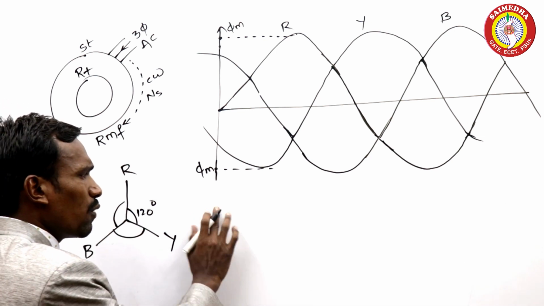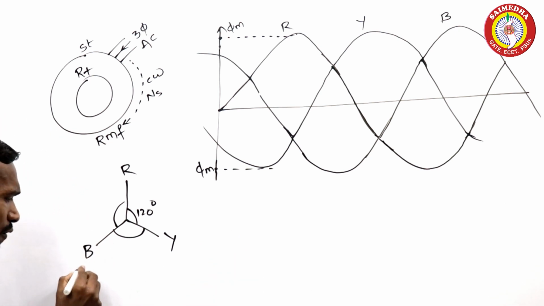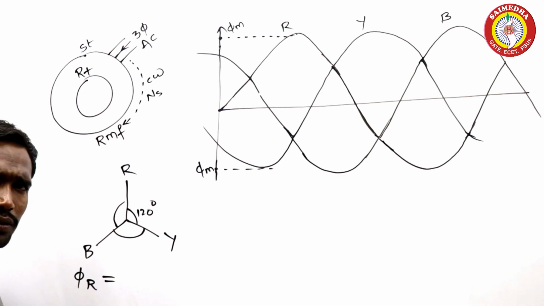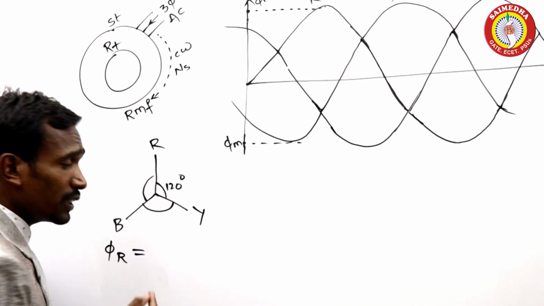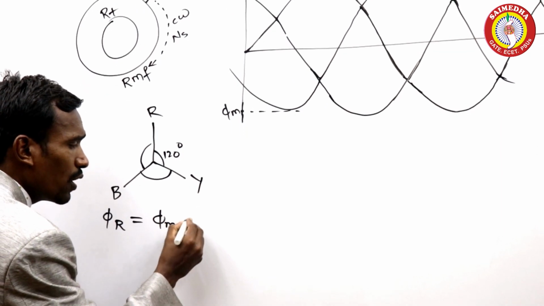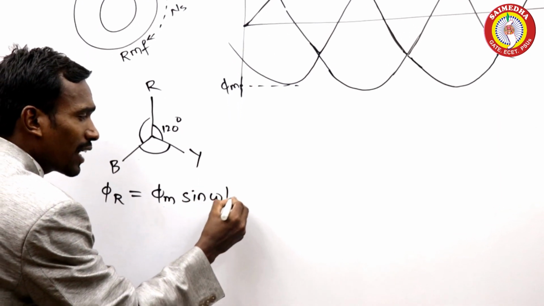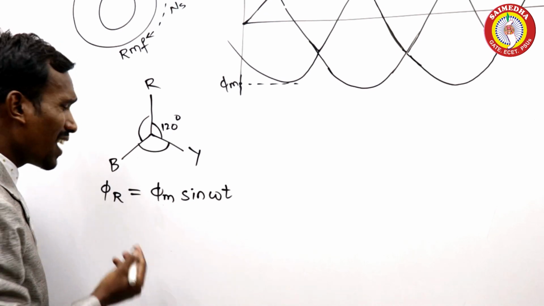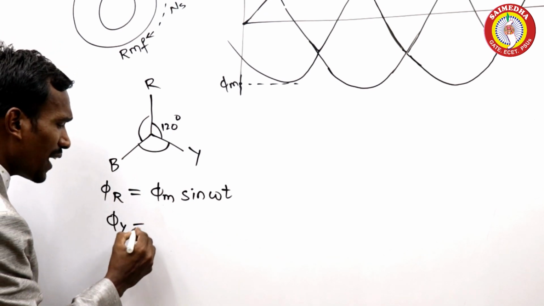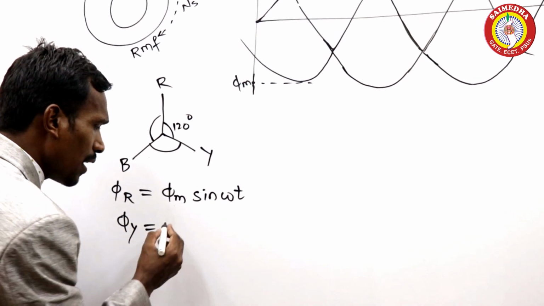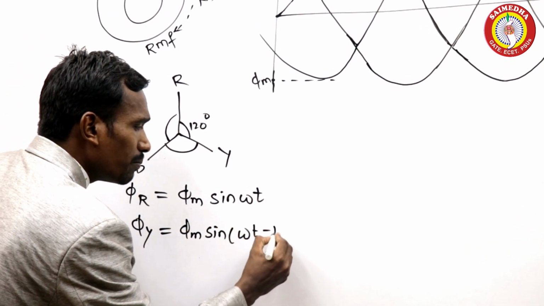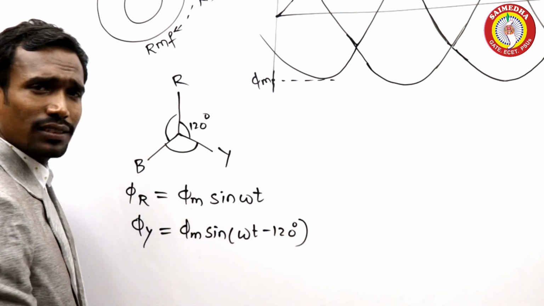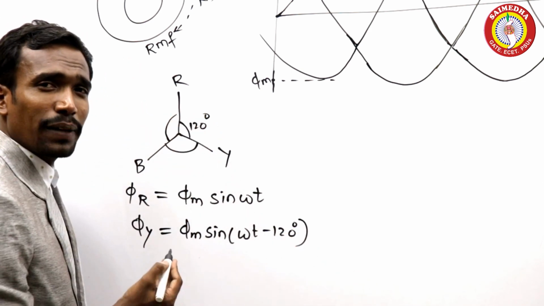So what is the mathematical expression for phi R? Phi R is equal to phi m sine omega t. For another phase, phi Y is equal to phi m sine (omega t minus 120 degrees), because of the 120 degrees displacement.